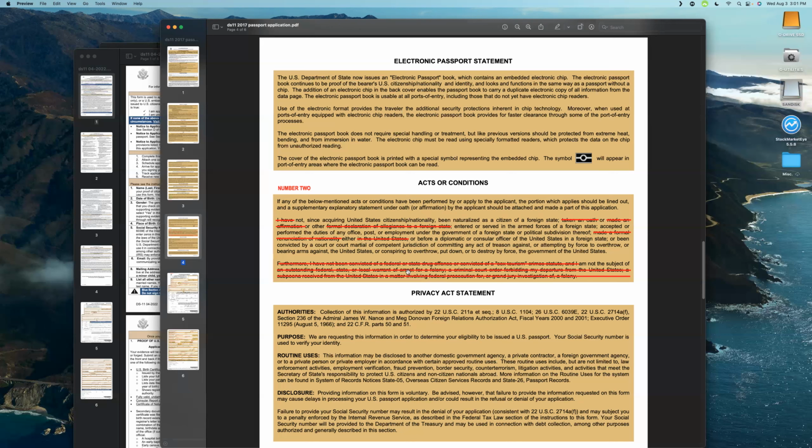Okay, so if you were to remove these lines, you didn't line it out, you are saying that you have been convicted of a federal or state drug offense or convicted of a sex tourism crime statute, and that you are subject of an outstanding federal, state, or local warrant of arrest for a felony, which means you are bound by all of the sections of the 14th Amendment contract of the Constitution.